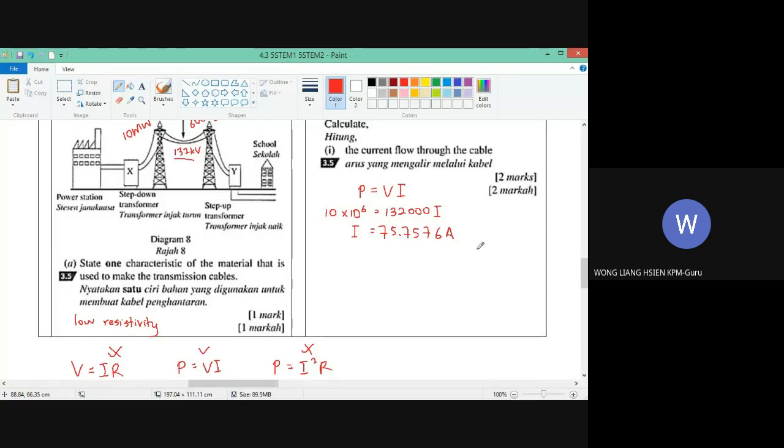Okay, can see or not? So this is the current that flows through the cable: 75.7576 ampere. Okay, anybody have any question about this part, about how to calculate the current flow?